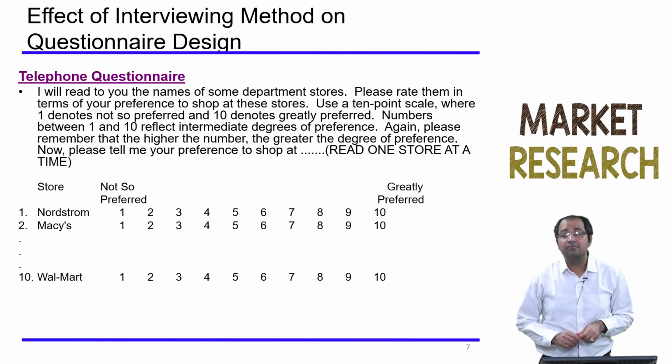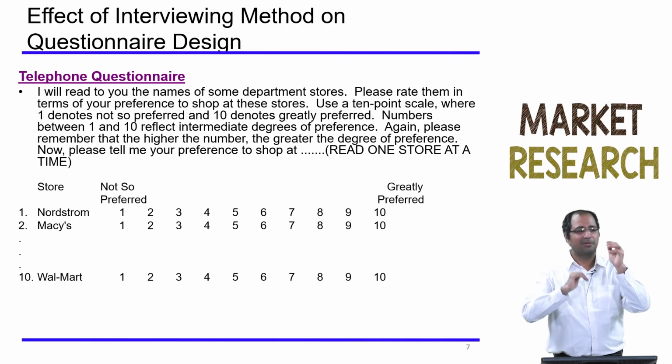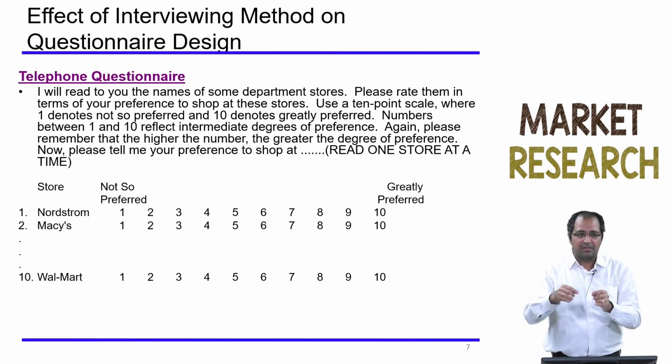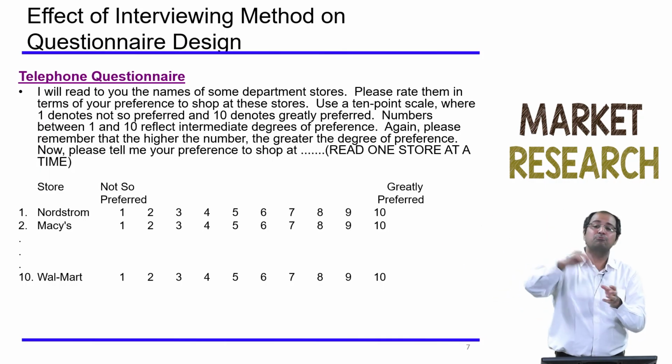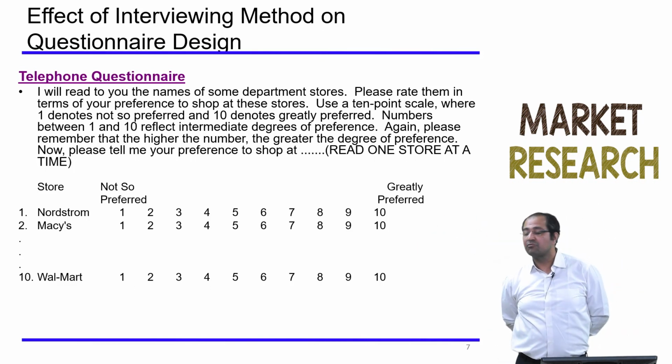Through telephone, you cannot say A, B, C, 10 stores, because if you want to arrive at rank order, you can do that by measuring them through rating, and then later on arriving at ranks. From rating you can go to ranking.